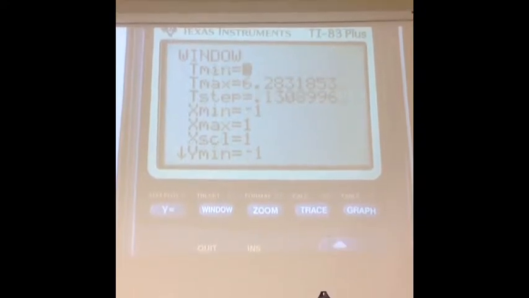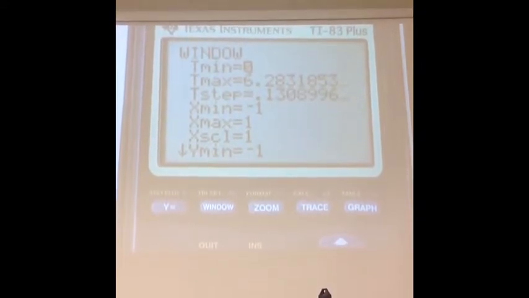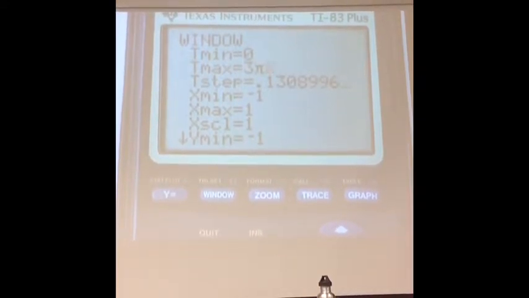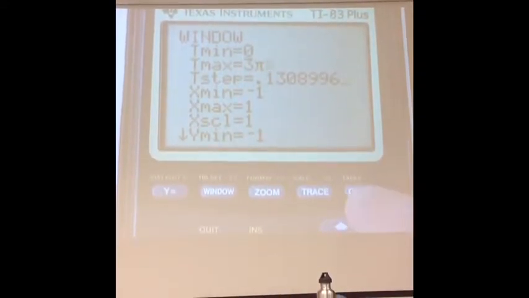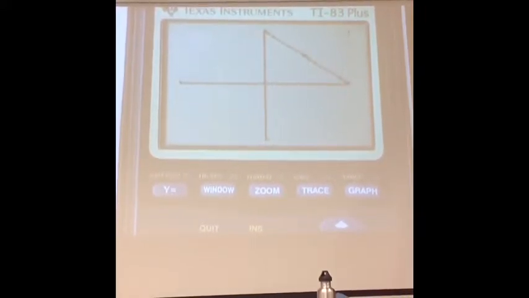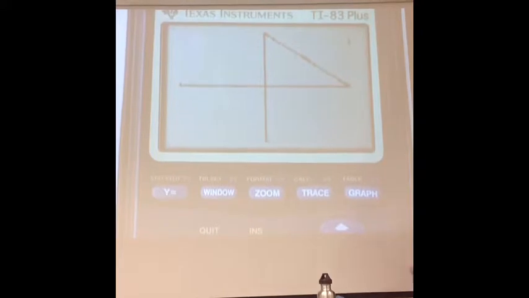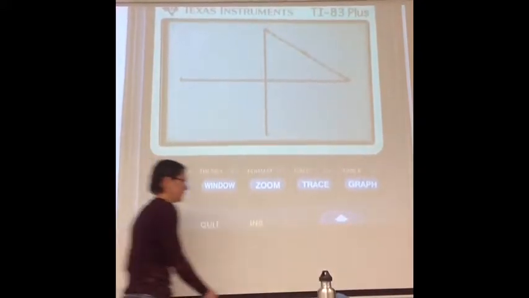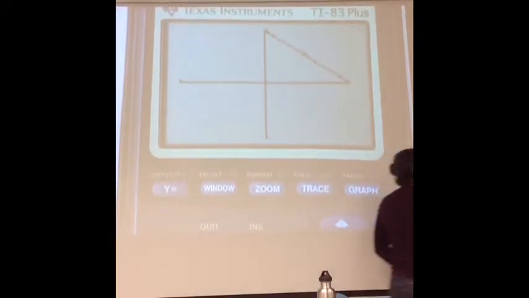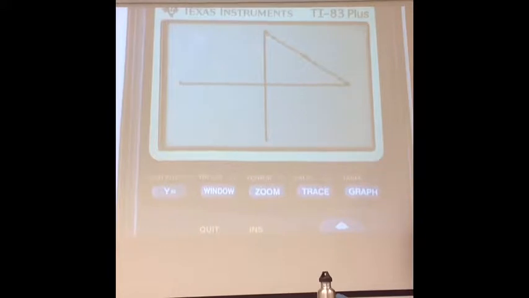And as far as our t values go, since we're interested in t starting at 0 and going to 3 pi, I'll go ahead and type that in right away, and then hit graph. And so what I end up getting is a picture that looks like a diagonal straight line.